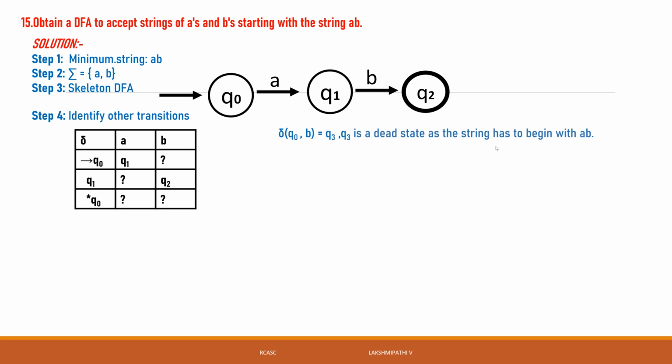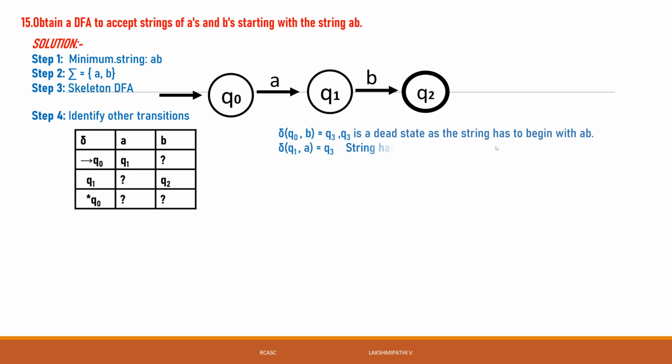If we give Q0 of B as Q0, then any number of B's would come before the beginning. Avoiding that, we give Q0 of B is Q3. Q3 is called a dead state, as a string has to begin with AB only.